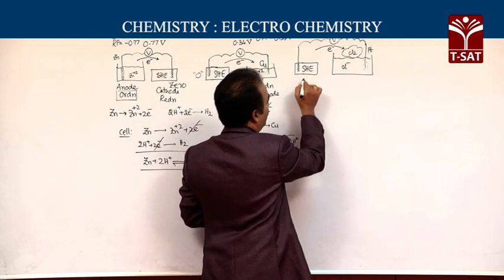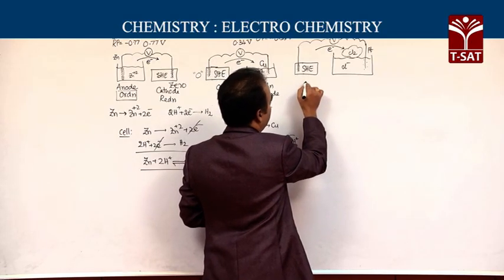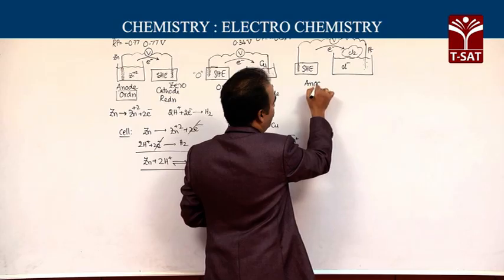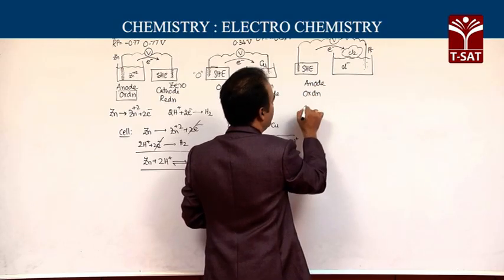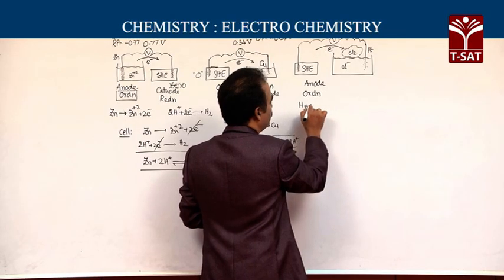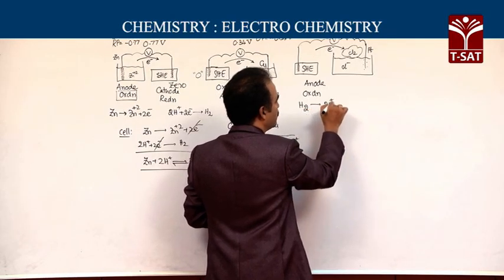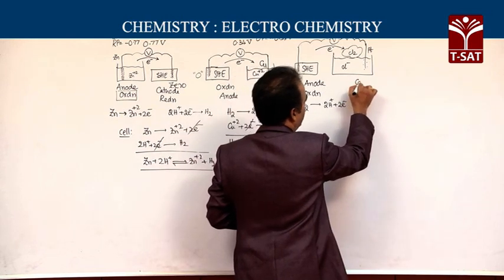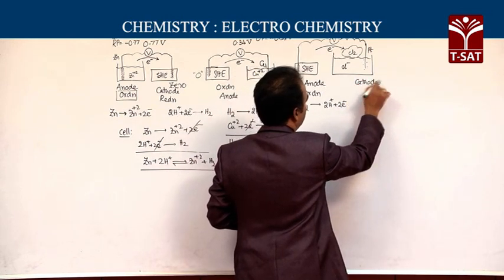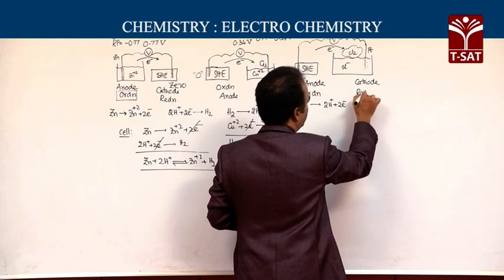So, here SHE acts as anode and undergoes oxidation. Oxidation means H2 gives rise to 2H plus 2 electrons, and here the chlorine electrode acts as cathode. So, it is undergoing reduction.